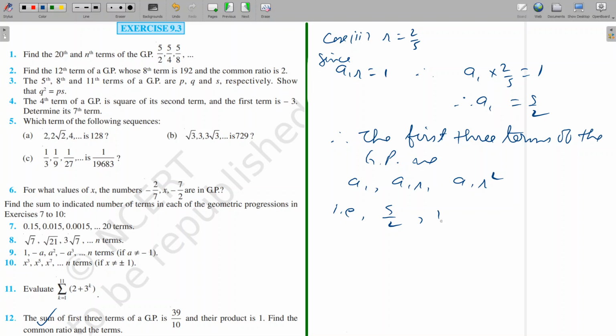That is 1. And what is A1R square? That can be written as A1R into R. So that is equal to 5 by 2, 1, and what is A1R? It is 1 into R. What is R? 2 by 5. So equal to 5 by 2, 1, 2 by 5. So these are the first three terms in the second case. So this is case 2.